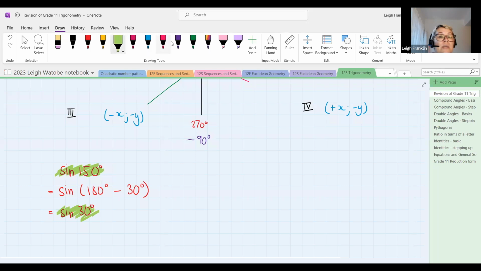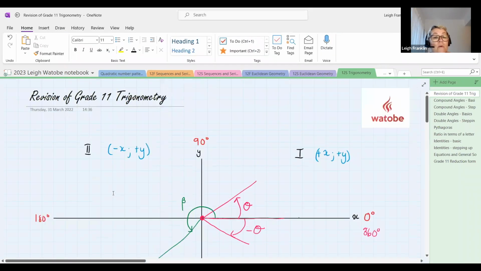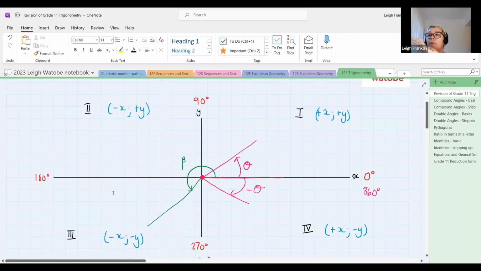Okay, so the reduction formulae that you are required, and then obviously this would be a special angle, but anyway, we'll come back to those later on. So there are three normal reduction formulae that we use, okay? So if we're talking about an angle theta, we don't need to reduce it.